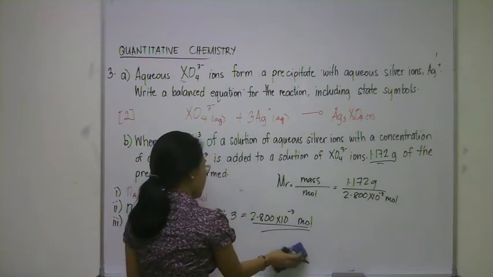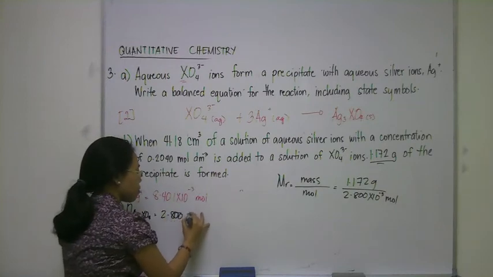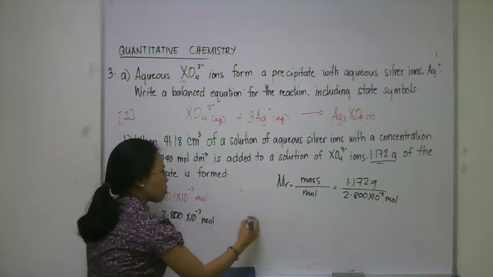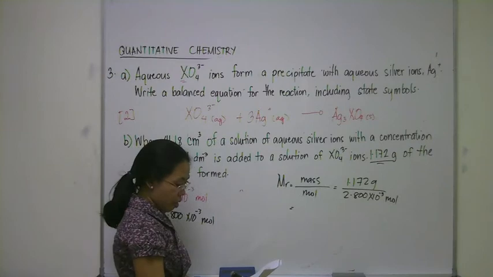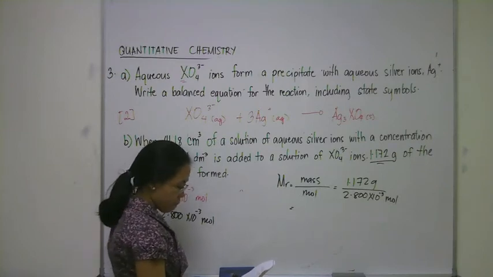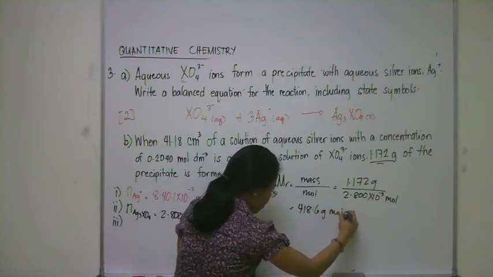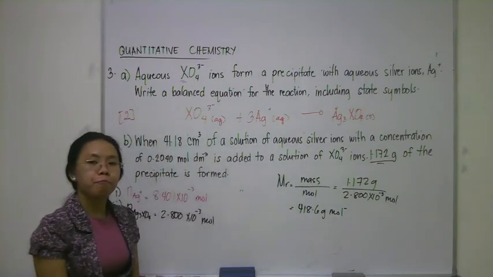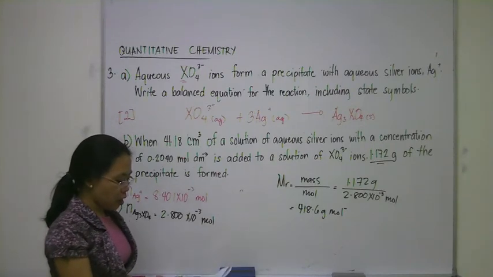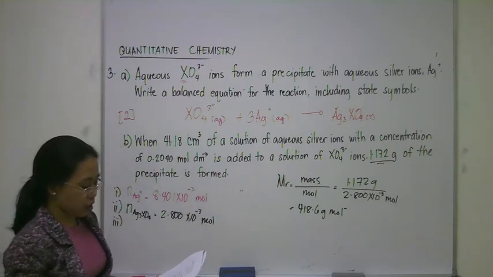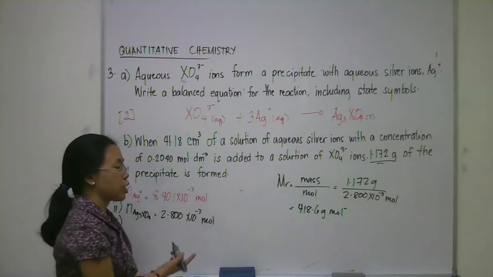So hence the MR is 418.6 gram per mole. Now, by the way, that is for 2 marks. So correct sig fig and then the unit. You have to state the unit.